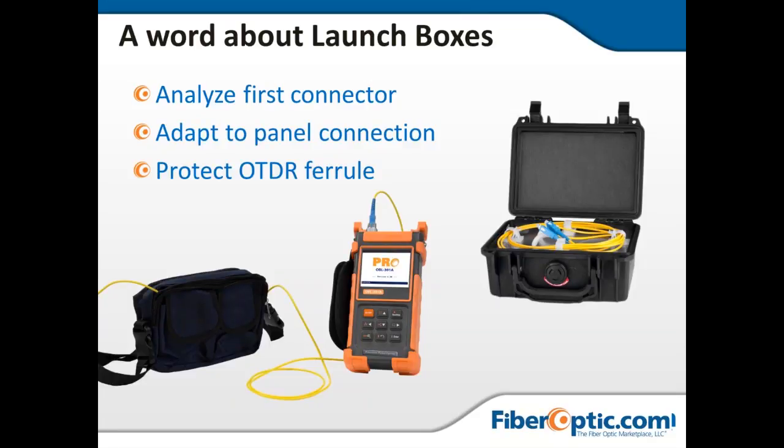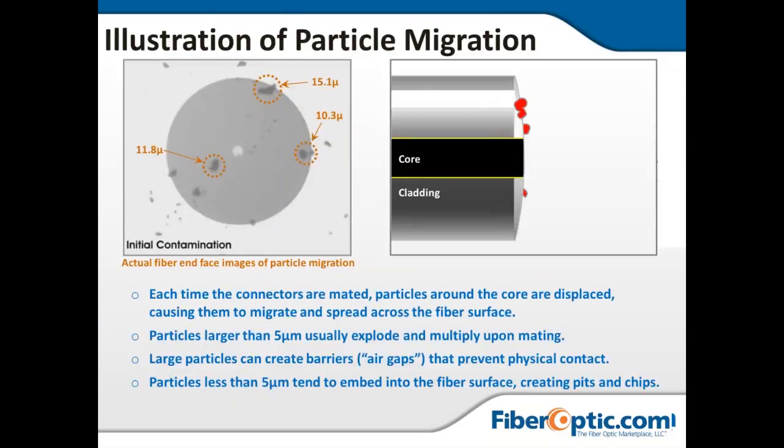But even with a break locator, I definitely recommend using the OTDR launch box with it to make sure you're getting a clear depiction of what's going on in the field on that first connector. Otherwise, it's really hard to troubleshoot when you don't have a launch box, because if there's dirt and debris on that first connector, we can't measure it. You start to assume it's equipment failure. You start to make all these assumptions that maybe aren't true.